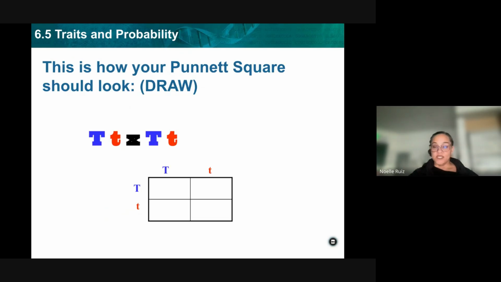So this is how it should look. Again, you should already have this drawn. So parent one is heterozygous. Parent two is heterozygous. Put parent one on top, split up over the boxes. We put parent two on the side, split up in front of the side boxes.